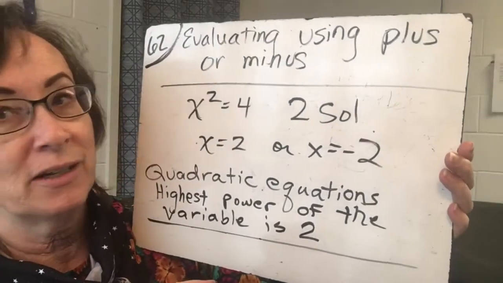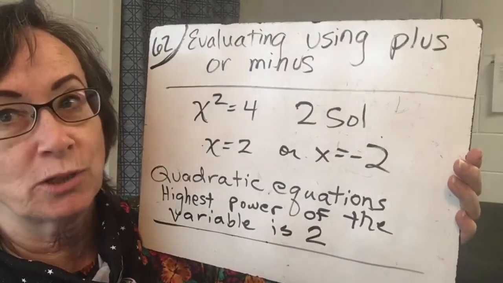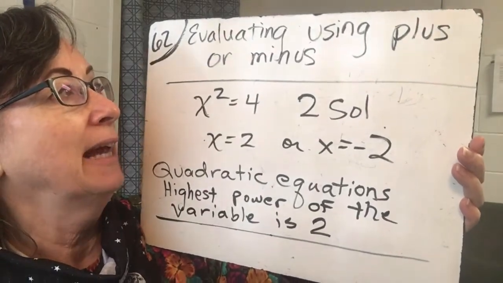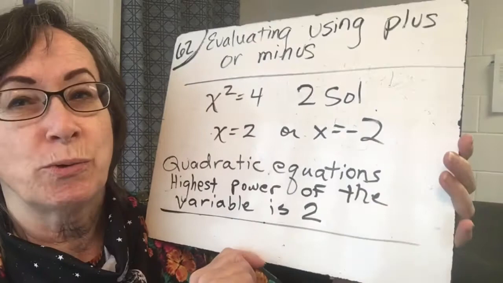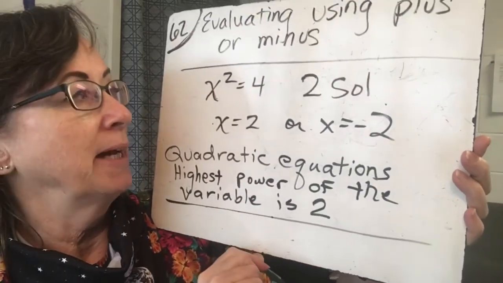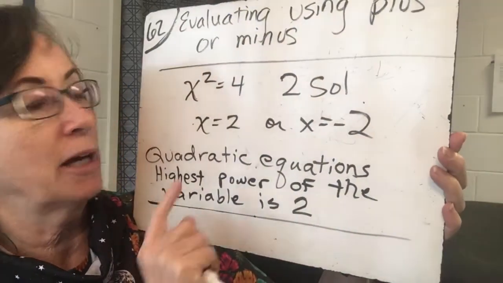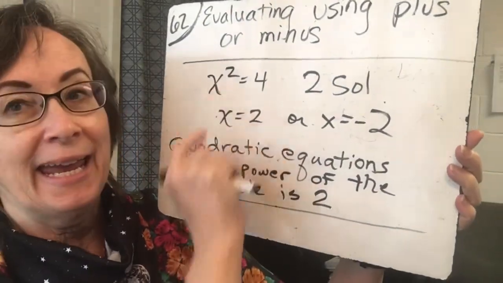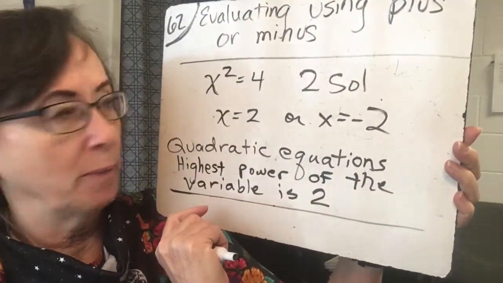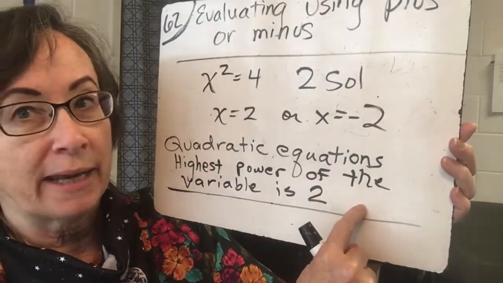Okay, so here we're looking at the last portion of this section, and we're talking about evaluating using plus and minus. We're going to learn how to evaluate expressions, but first we're going to talk about this type of equation that has a 2 on a variable. These are called quadratic equations.